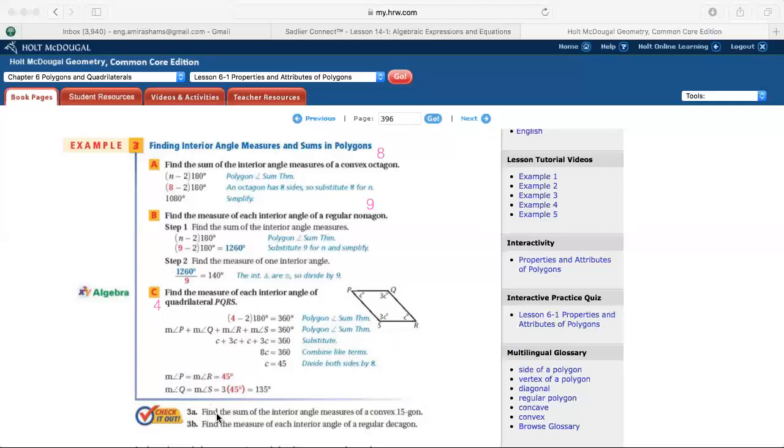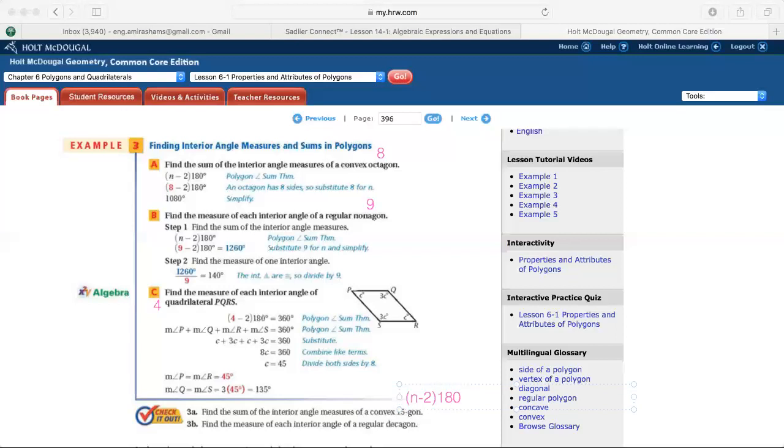Okay, girls, here find the sum of the interior angle measures of a convex 15-gon. 15-gon means I will say N minus 2 multiplied by 180.